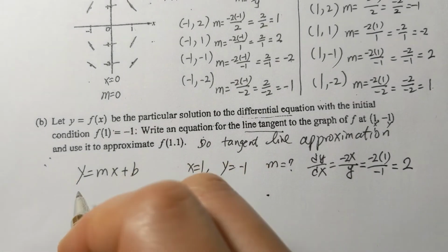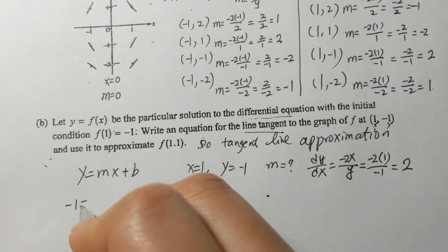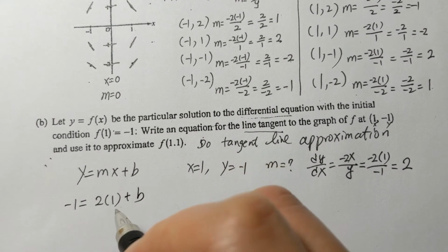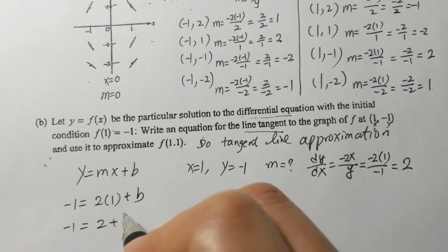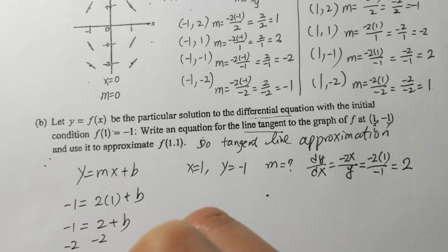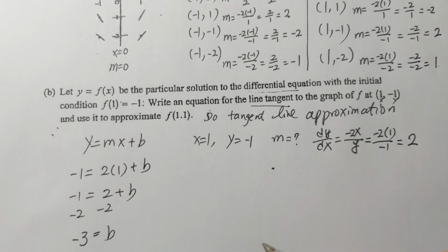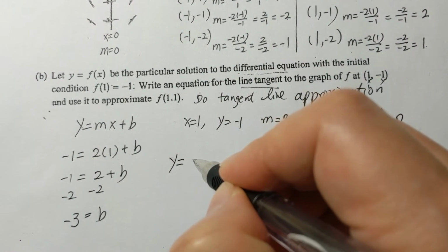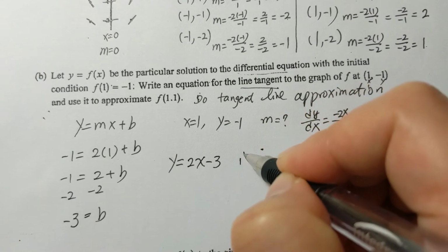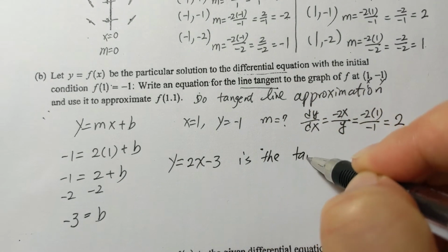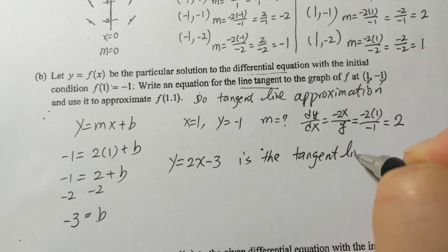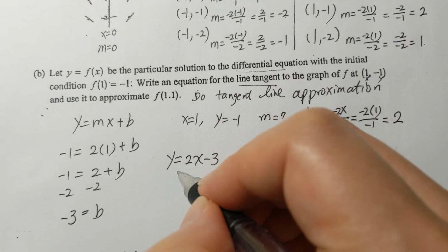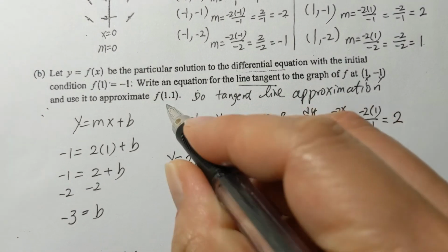So now let's find what b equals. We got negative 1 for the y, and then 2 times 1 plus b. So negative 1 equals 2 plus b, and then we got b equals negative 3. So we got y equals 2x minus 3 as the tangent line. We're going to use y equals 2x minus 3 to approximate this one.